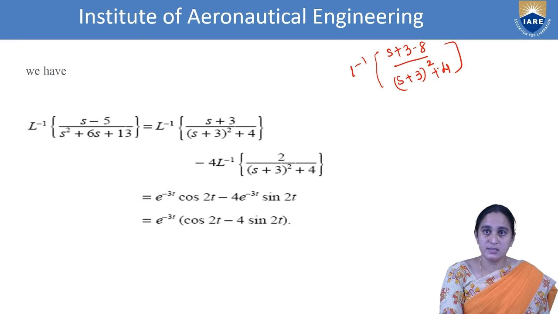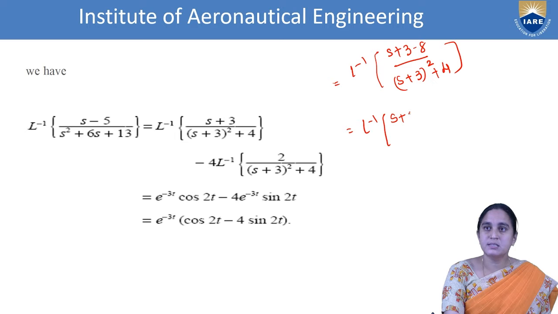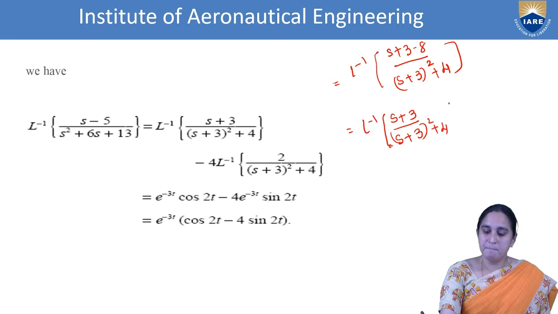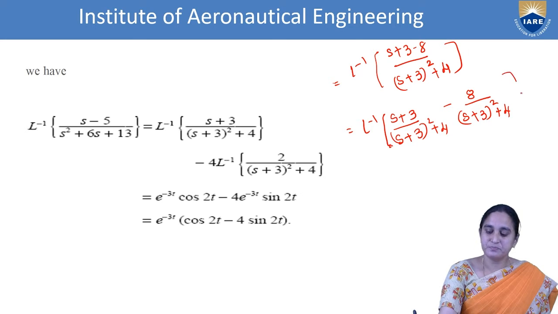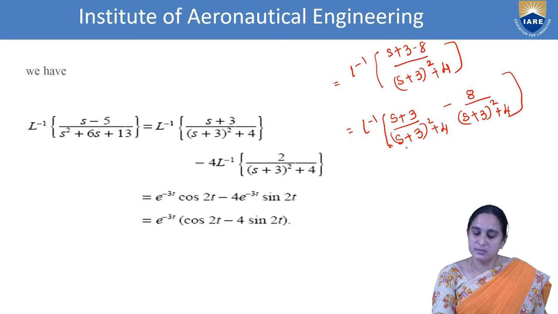After that, now I'll convert this as Laplace inverse of (s plus 3) by (s plus 3) whole square plus 4 minus 8 by (s plus 3) whole square plus 4.